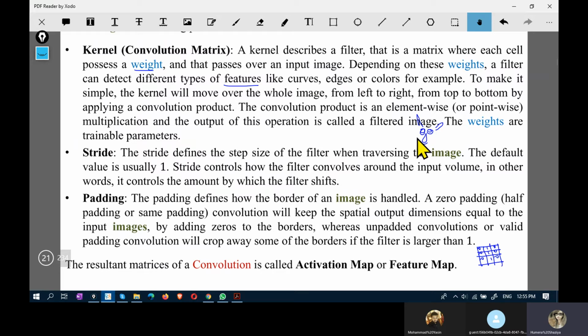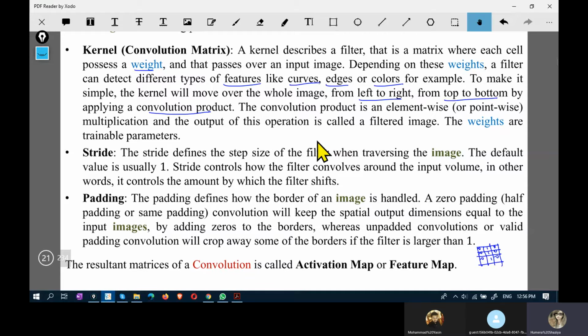Different shapes and different colors you will find in an image. Those colors and those shapes are known as features. They are like curves, edges, colors, and then this kernel is moved over the whole image from left to right and top to bottom by applying the convolution product.